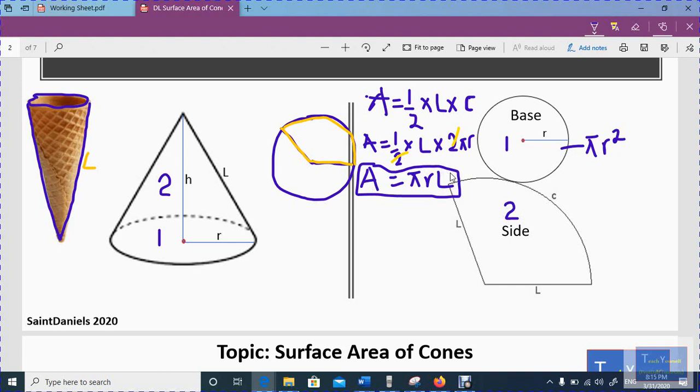You use pi r L. But if you are looking for the total surface area of the cone, it's going to be the area of all the surfaces. So we have the lateral side, which is pi r L, plus the circular part, which is pi r squared. This is the total surface area of a cone.